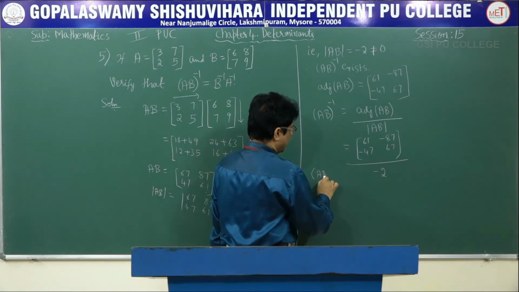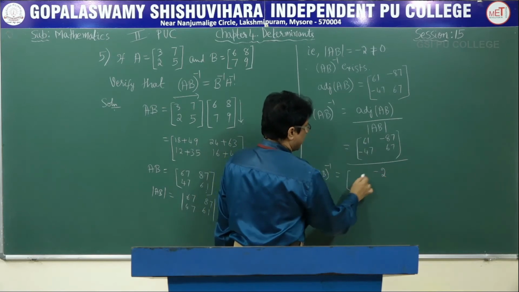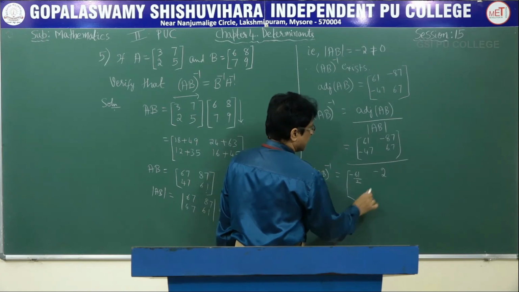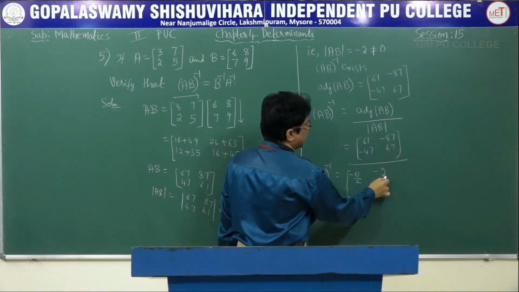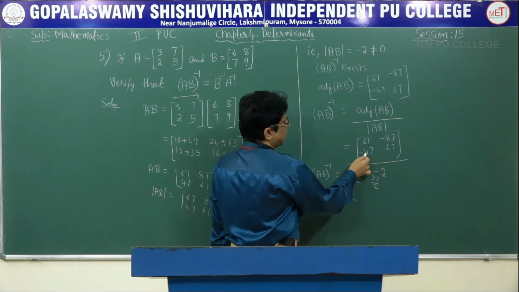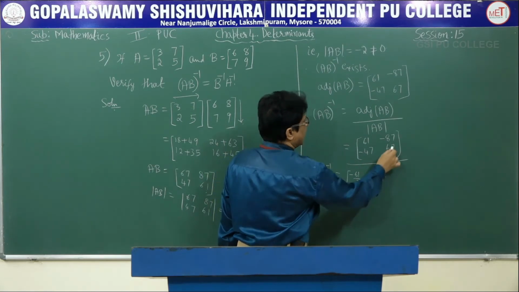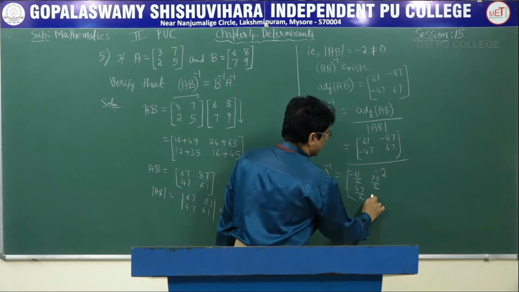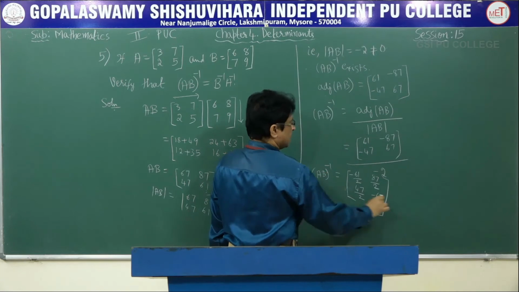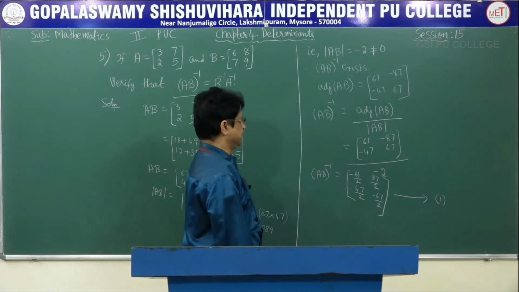So, AB whole inverse will be equal to 61 by minus 2, that is minus 61 by 2. Minus 87 divided by minus 2 gives 87 by 2. Similarly, minus 47 divided by minus 2 gives 47 by 2 and 67 divided by minus 2 we get minus 67 by 2. So, this we call equation 1.